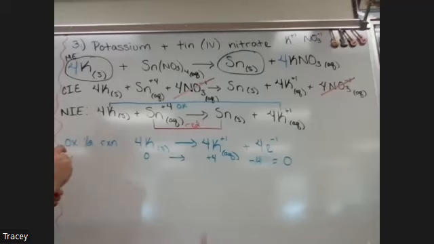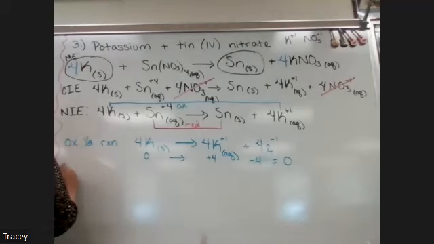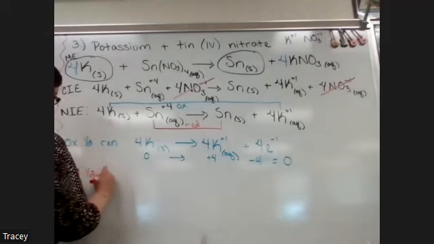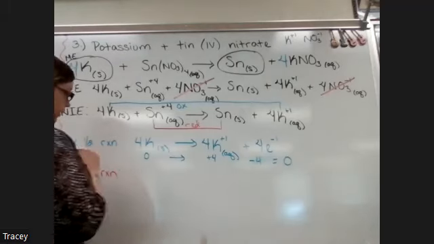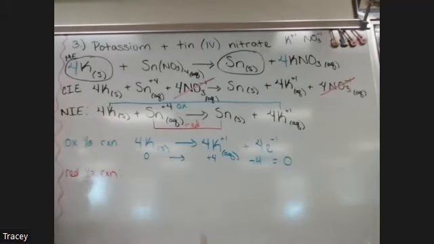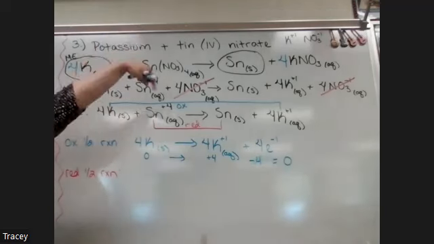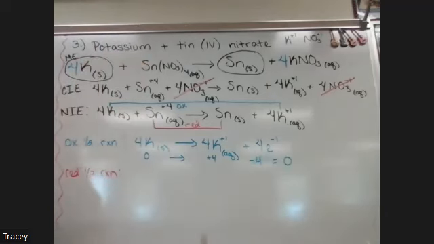Now the reduction is nice and easy. The reason why I like writing oxidation first is because however many electrons you figure out are produced in oxidation, that's how many electrons you need to react with your reactant in reduction.